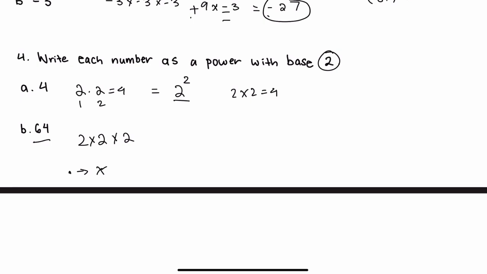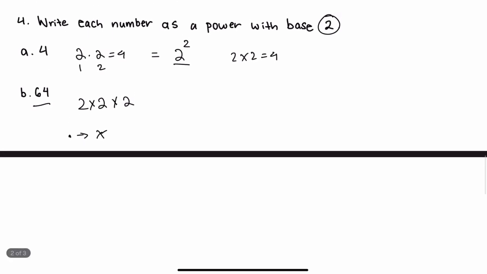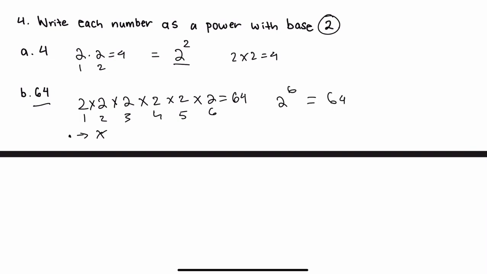So 2 times 2 is 4, times 2, 8, so that's 3, times 2, times 2, times 2. And if you guys add this up, this will give us 64. So if you count it up now, 1, 2, 3, 4, 5, 6. So our base here is 2. And how many 2's are there? 6. So it's going to be 2 to the power 6, which gives us 64.